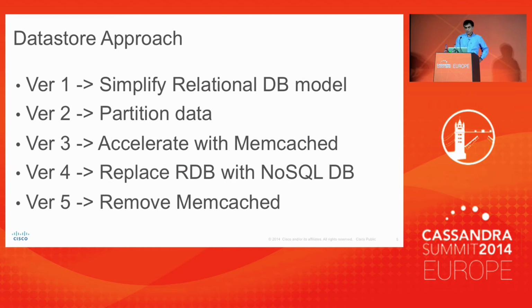So when we went through the re-architecture, we did not just straight away land with Cassandra. We went through a number of revisions and versions of how to do it right. The first one was just get a better relational database model, which means have the right primary key, foreign key relationships. Don't add too many indexes.